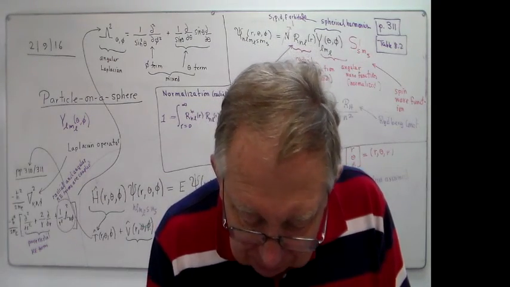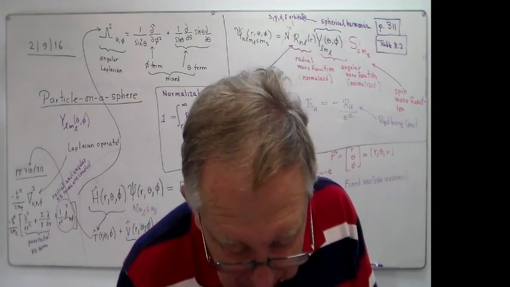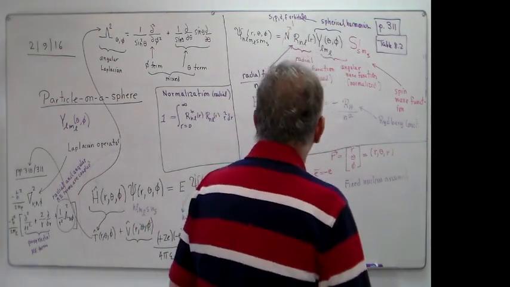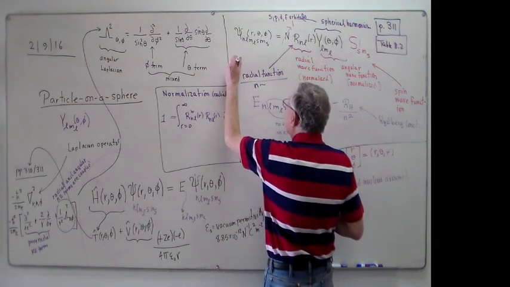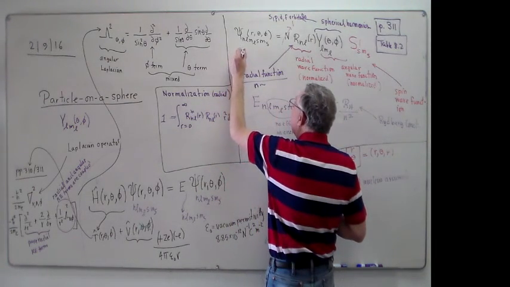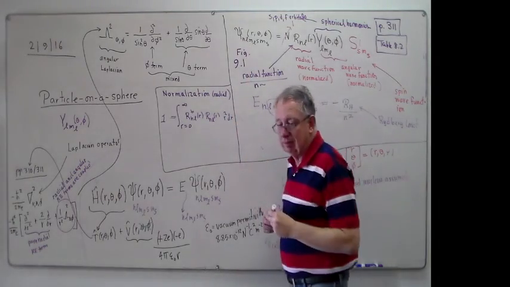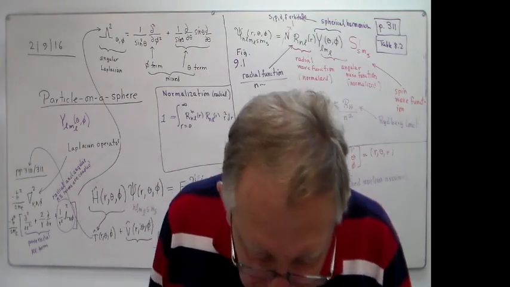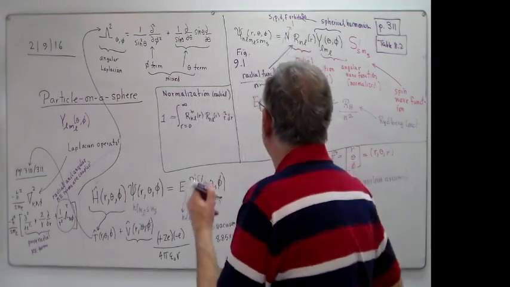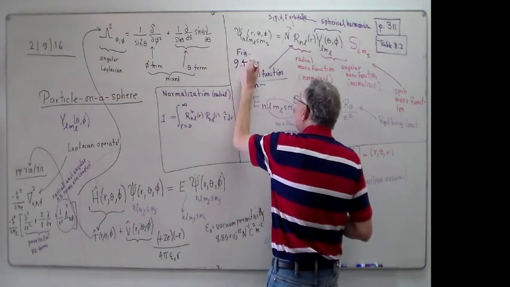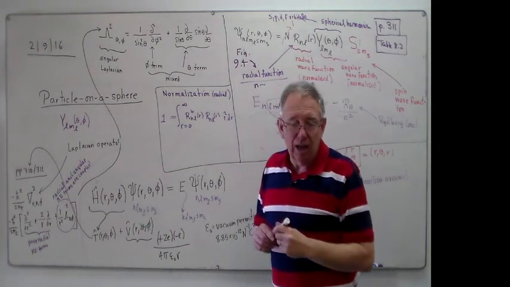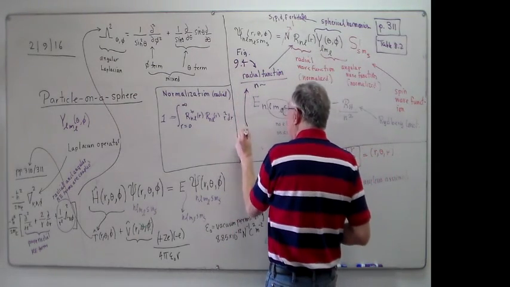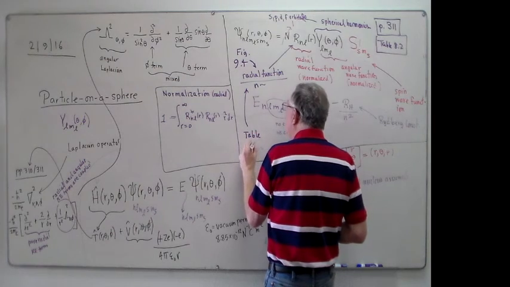Now, let me just look at a couple of things here. If you want to look at the radial function, look at figure 9.1. In the new chapter, oh, let's see, I'm wrong. It's figure 9.4 for the radial function, and the functional form is in table 9.1.